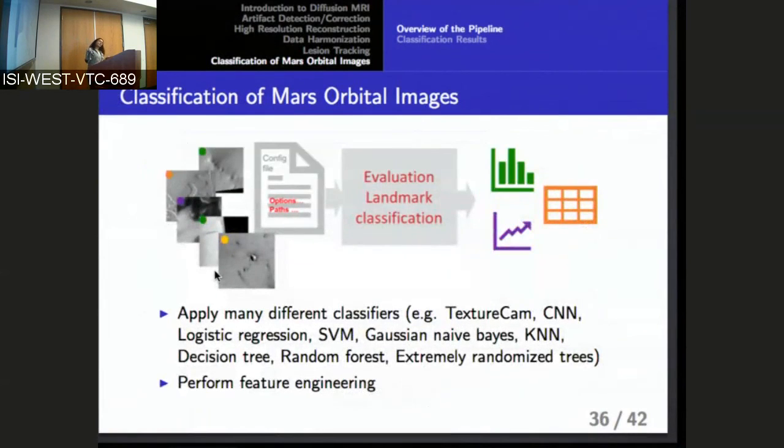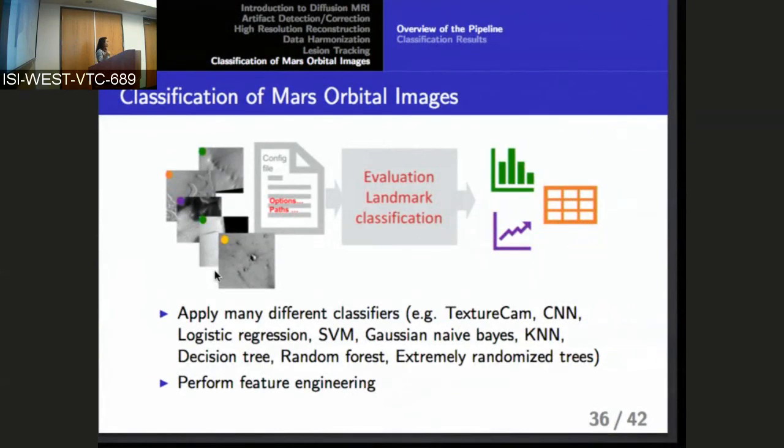And this was the pipeline that I designed. We have a config file. In the config file, we set the path to these images and to the ground truth, and then the user can turn on and off many different classifiers, including SVM, random forest, extremely random forest, logistic regression. For example, we perform some hyperparameter tuning on these classifiers. The pipeline also contains CNN.